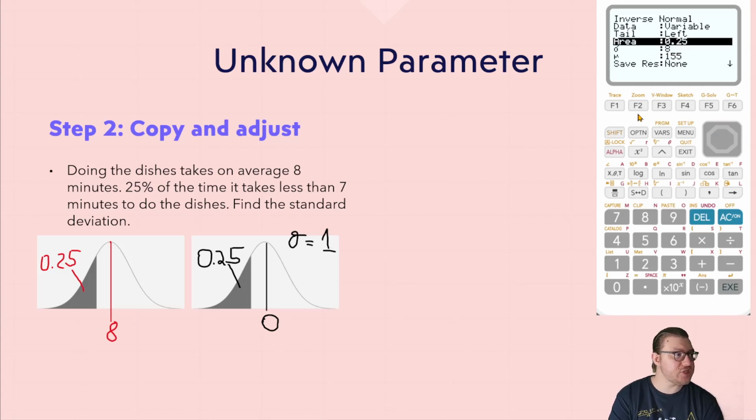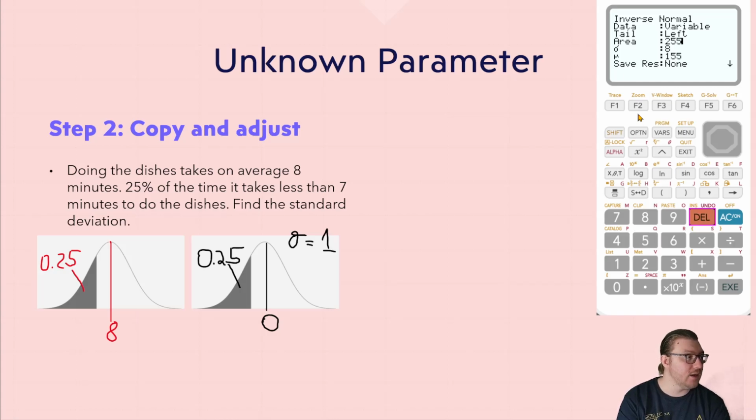Just for your information, if they give you 25%, you can actually type 25% into the calculator. And of course, when I show you, it doesn't work. But 25 over 100 would be percentage, then it will calculate the 0.25.